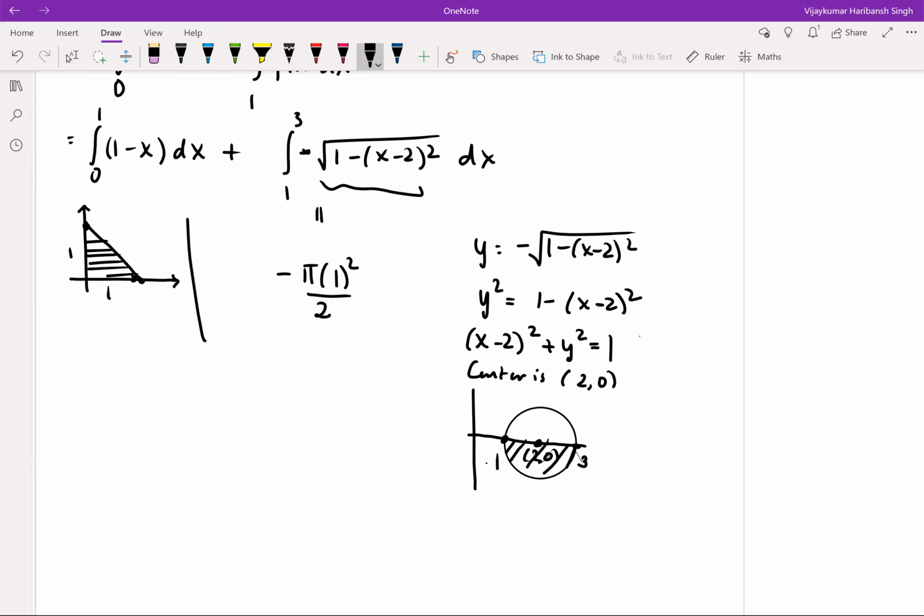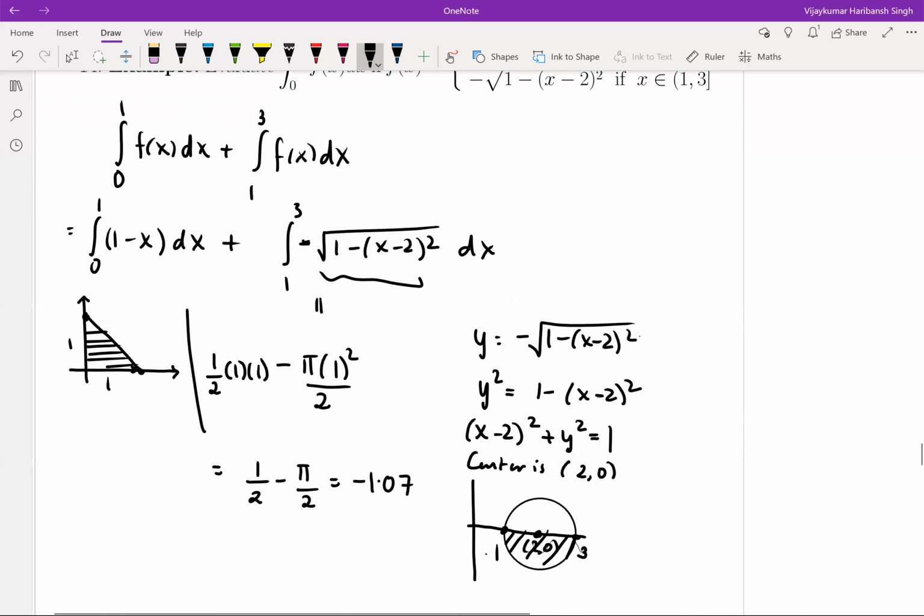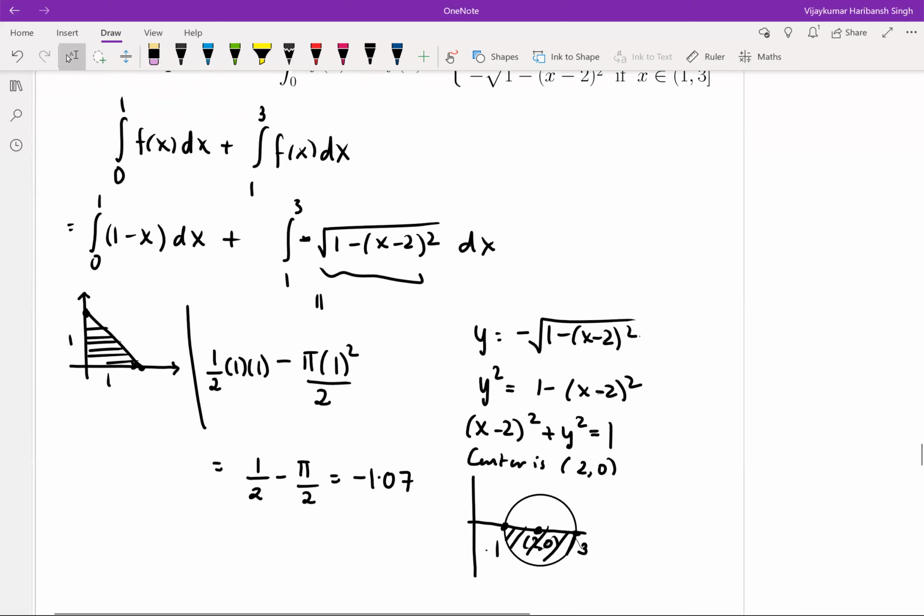Whereas the first one is going to be the area of this triangle, which is half times 1 times 1. So the answer is half minus pi by 2. And if you want to simplify that, that turns out to be minus 0.7. So this is how you evaluate this integral.